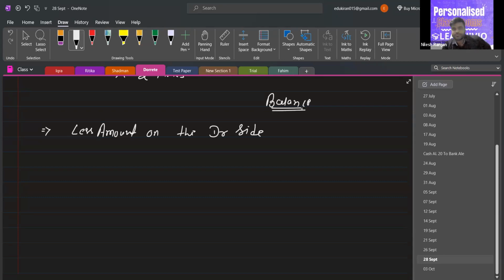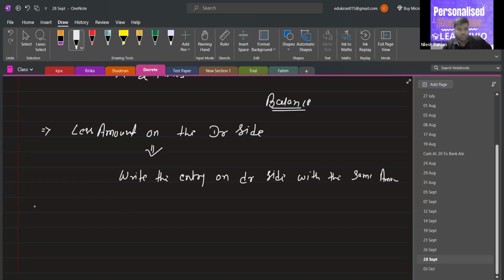It will be less. Yes, it is less, so we have to increase it. So we will write the entry on the debit side with the same amount. Yes, sir, the same amount. Very good. Now there can be a second wrong entry, the same on the credit side. So there will be the same treatment.